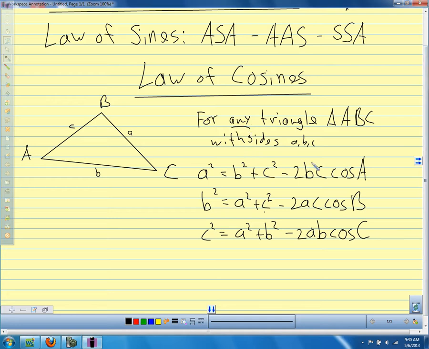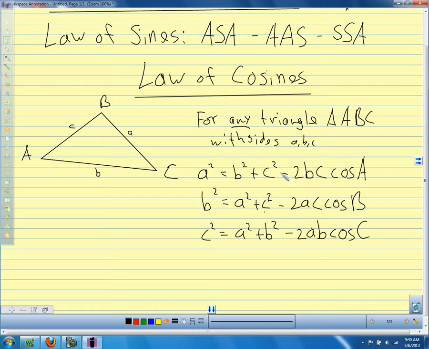So a couple of things about our equations. If I have a squared on the left side of the equation, I have cosine a on the right side of the equation. So here I have a squared, here I have cosine a. Here I have b squared, cosine b, c squared, cosine c. So one side is on one side of the equation, and the angle that corresponds to that side is on the other side of the equation.